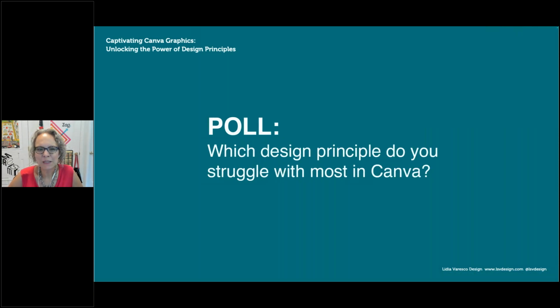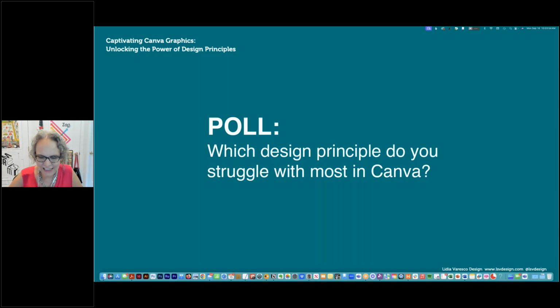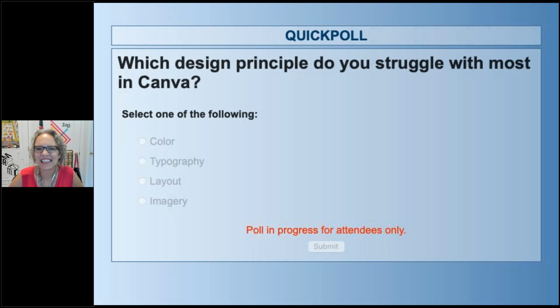All right, next poll. Which design principle do you struggle with most in Canva? And again, a screen's going to pop up. It's going to show you 4 different design principles. Ironically, the ones we're talking about today. So let's see which of these you feel like you're going to struggle with the most in Canva. I have a feeling which one's going to pop up, but let's see what happens.